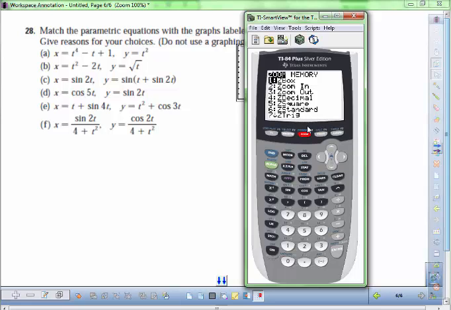Where's the zoom fit? A zoom fit kind of estimates where your graphs would be, so that might be another way to start figuring out how to set up your windows. Looks like Zorro.